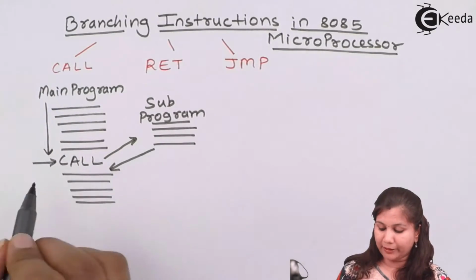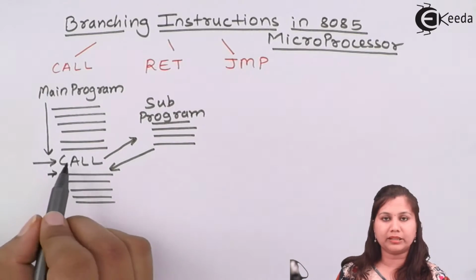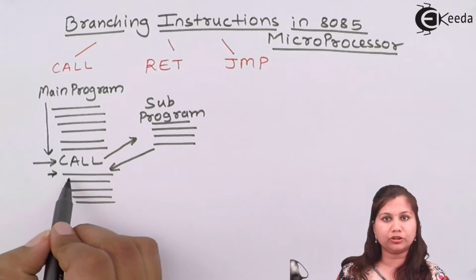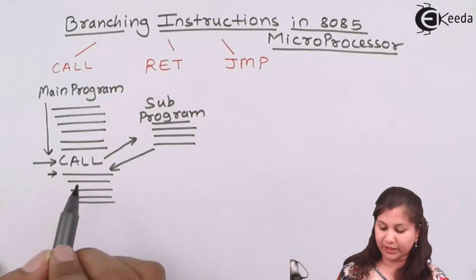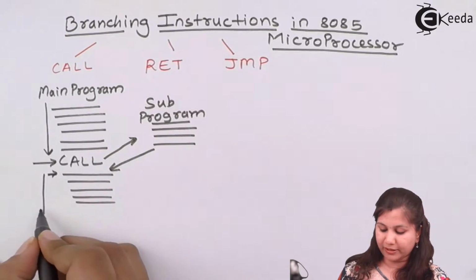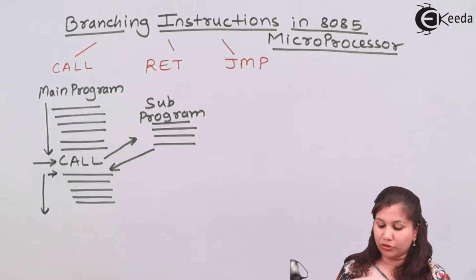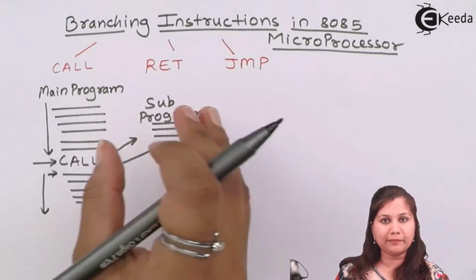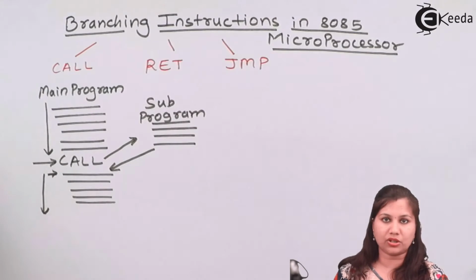It returns to the next instruction after that branch instruction, here the call. So the next instruction after the call instruction is executed by the microprocessor, and again the microprocessor resumes the execution of the main program. Because it has a branch of the main program, these instructions are called branching instructions.